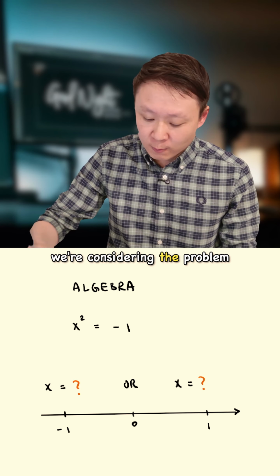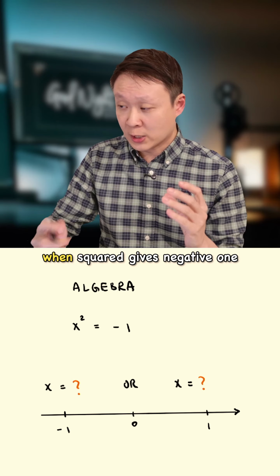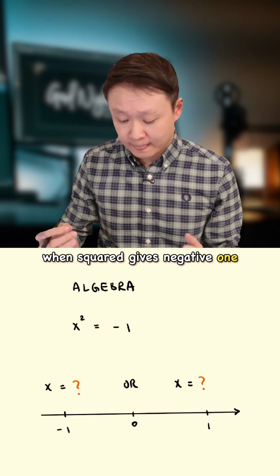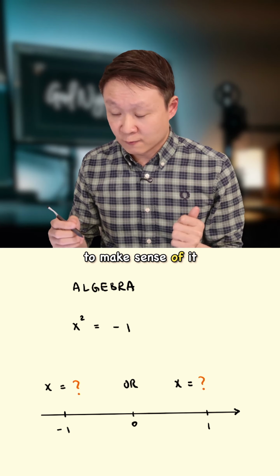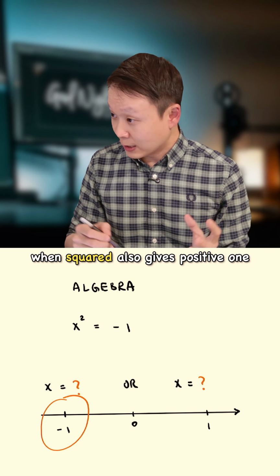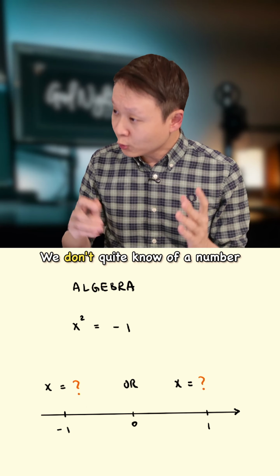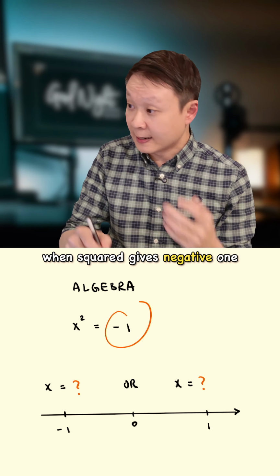Essentially, we're considering the problem of x squared equals -1. Find all the numbers that when squared give -1. And we don't quite know how to make sense of it. +1 when squared gives +1. -1 when squared also gives +1. We don't quite know of a number that when squared gives -1.